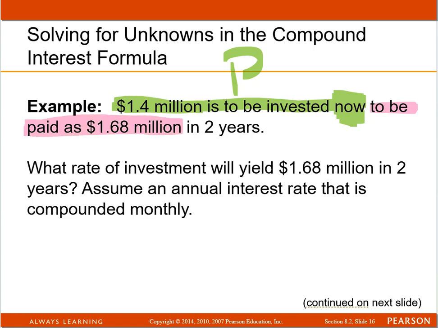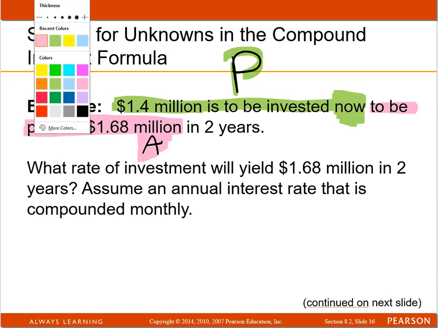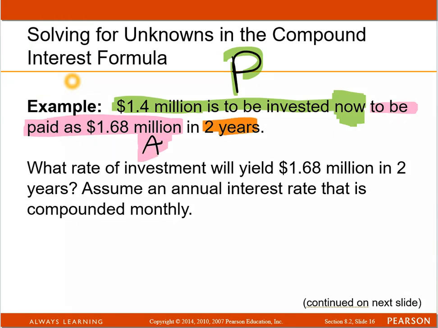That's in 2 years. That's the future, so that's A. That's a terrible little A there. This is A. This is P. And then 2 years is time. It's going to happen 2 years from now. So my T is a 2.